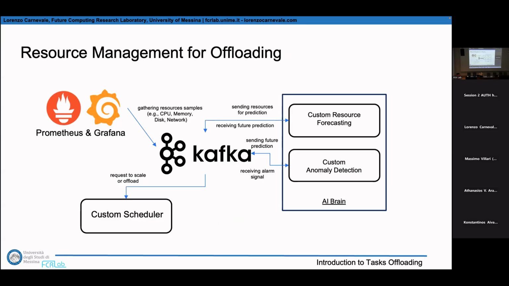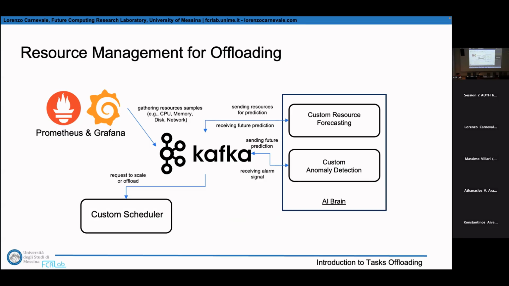Just to give you some insight about what are the technologies that we can put in the field. For resource monitoring, it could be Prometheus and Grafana. We typically have containers. Prometheus is a famous tool that is able to catch data from CPU, memory, disk, network, and so on, data from the containers to collect, and Grafana to have some dashboard and nice visualization.